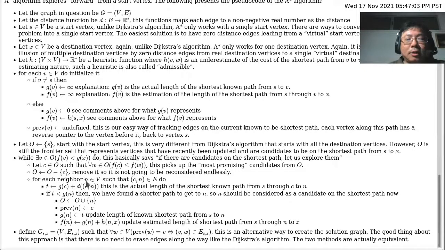So this n here is a local variable, because it is the destination of the edge going from C, which was chosen in the first step, on that particular edge that we're considering.